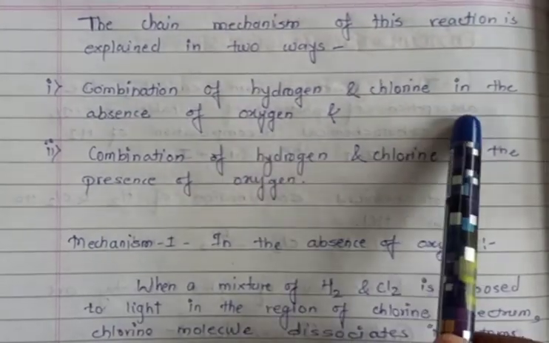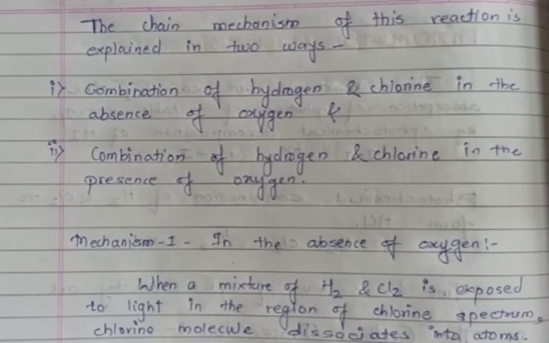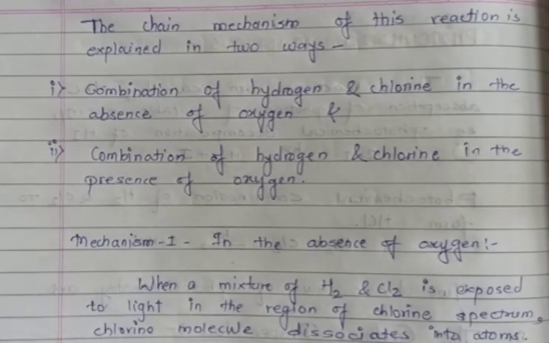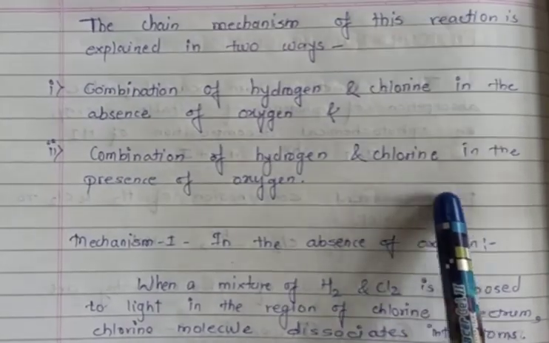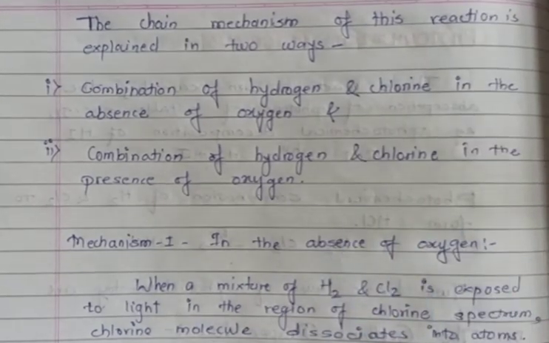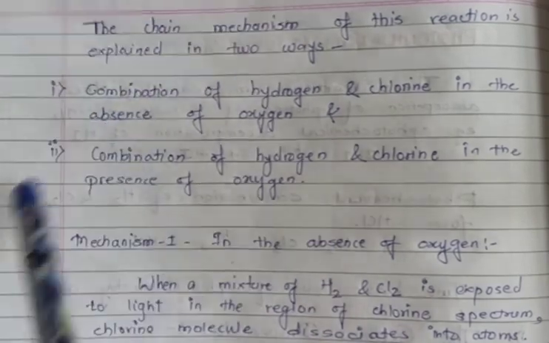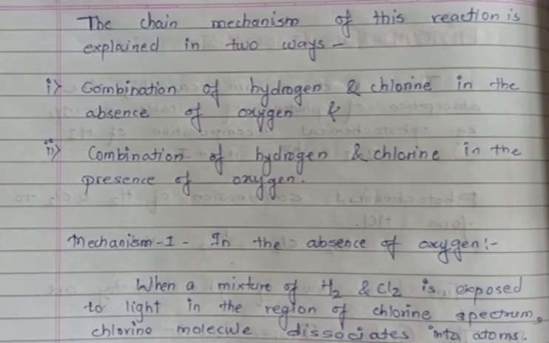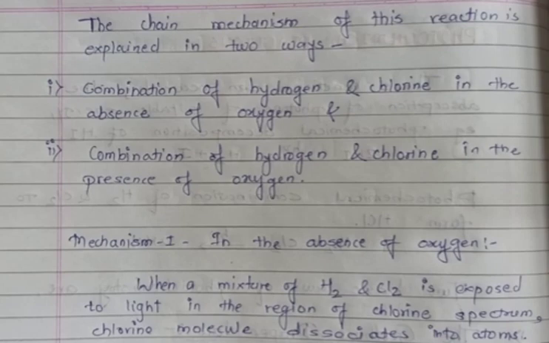First, combination of hydrogen and chlorine in the absence of oxygen. Means hydrogen and chlorine combine to form HCl in the absence of oxygen. Then the second is combination of hydrogen and chlorine in the presence of oxygen. But we will see the reaction kinetics for the first chain mechanism, combination of hydrogen and chlorine in the absence of oxygen.